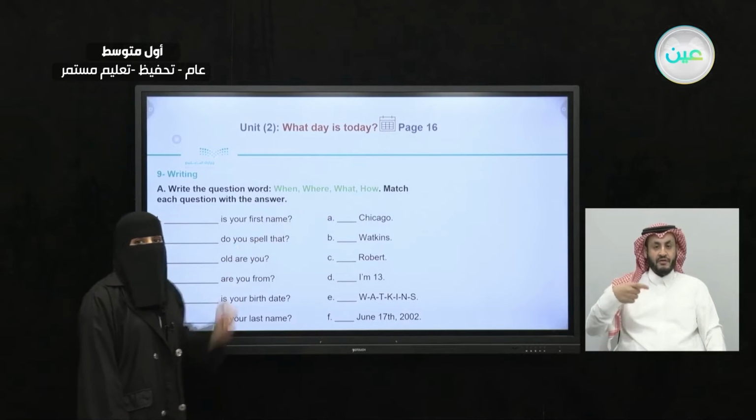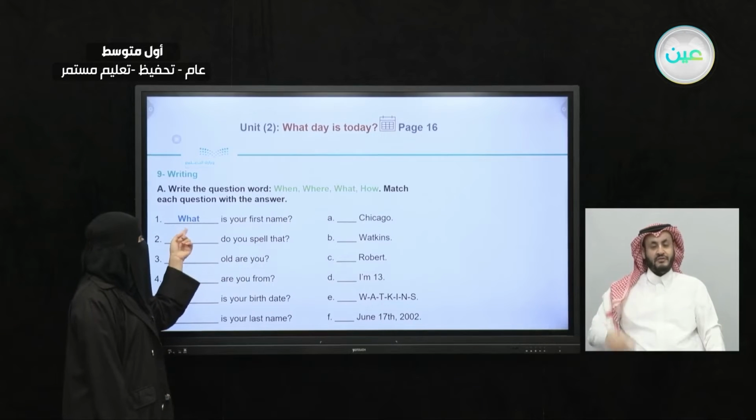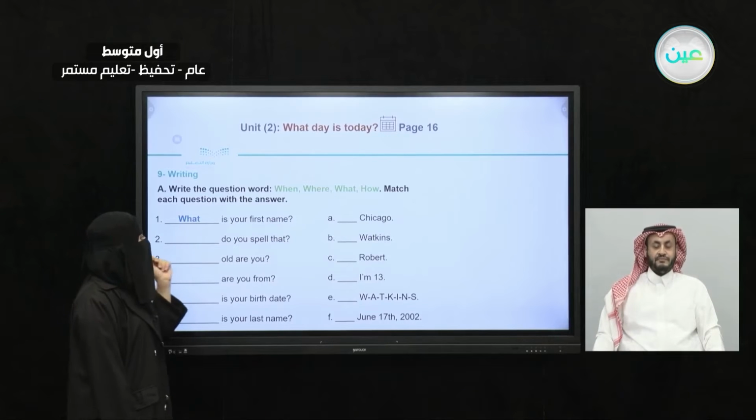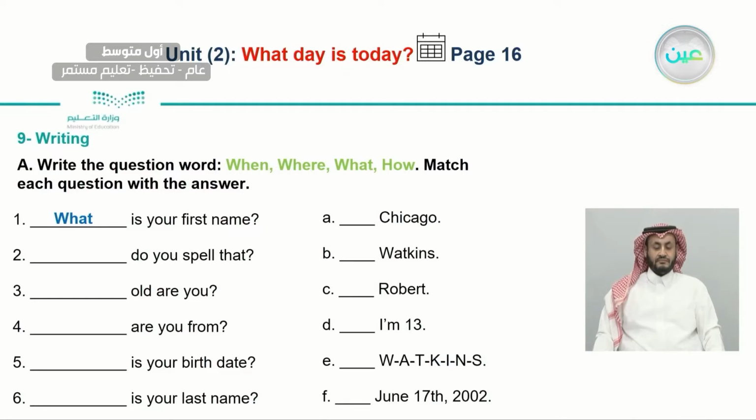What do you think? Good job. Yes. What is your first name? Good job. So if we ask about the name, it's new information that we have no idea about. The correct question word is what. And we end with a question mark. Remember, usually we flip, the verb be comes first, okay? Not like in sentences.